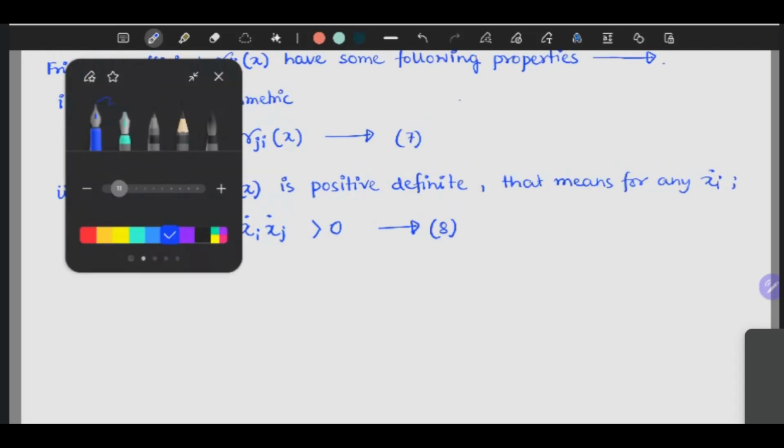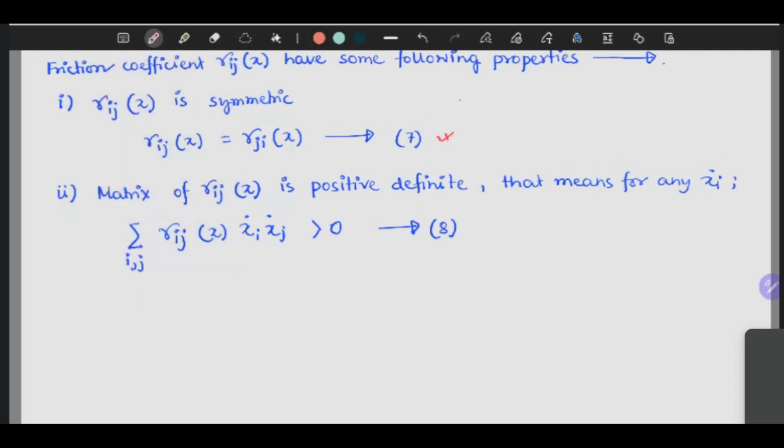This relation, the first relation, is sometimes called the Lorentz reciprocal relation in hydrodynamics.